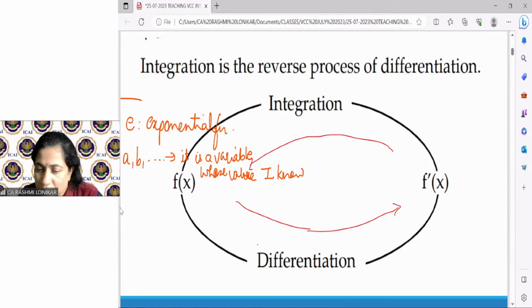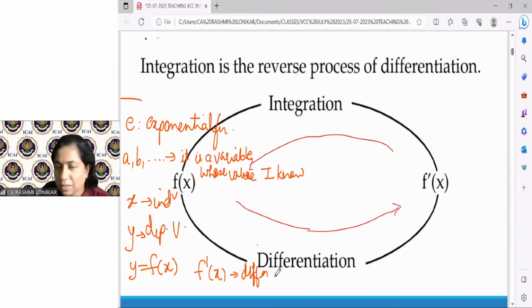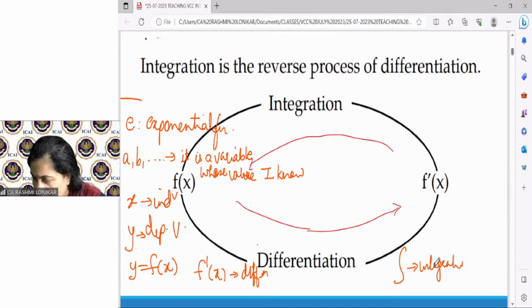Then you have x. x is the independent variable here and y is the dependent variable. You may use y, you may use f(x). f dash x is the symbol of differentiation, and this stands for integration. Okay, Shrestha?